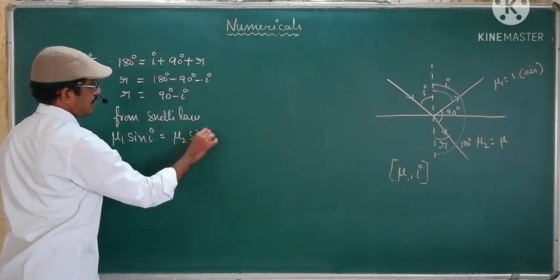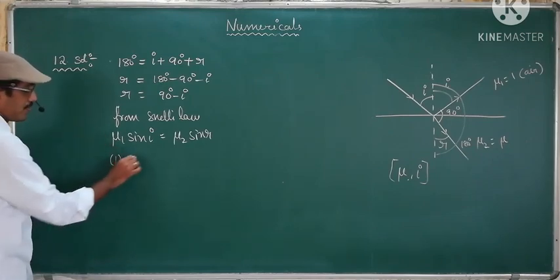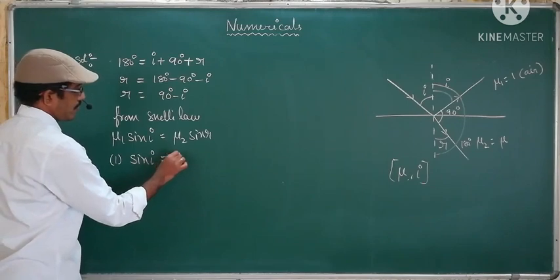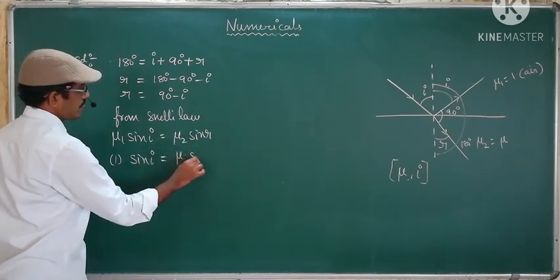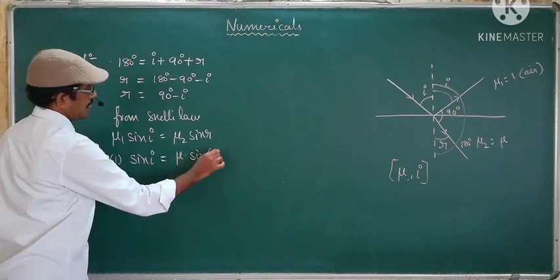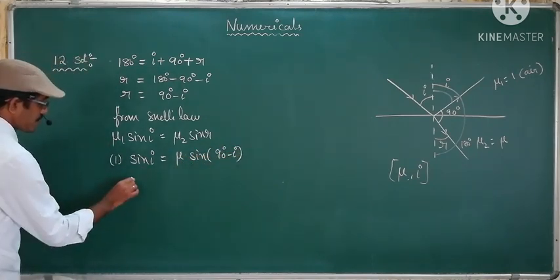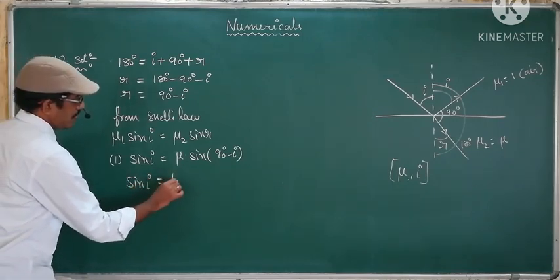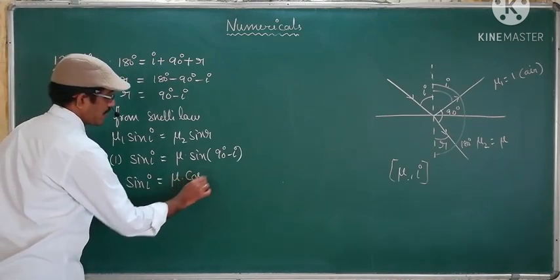Mu1 is equal to 1, so 1 into sin I is equal to mu2, which is mu, into sin R, where R is equal to 90 degrees minus I. So sin I is equal to mu into sin of (90 minus theta), which is cos theta.